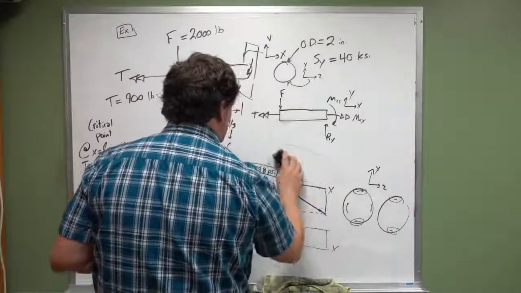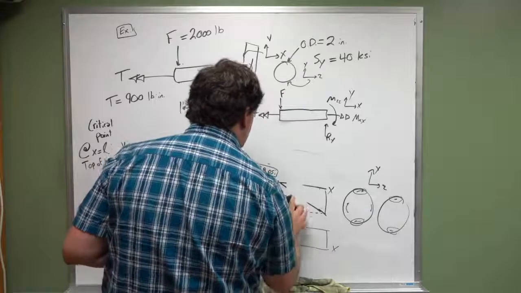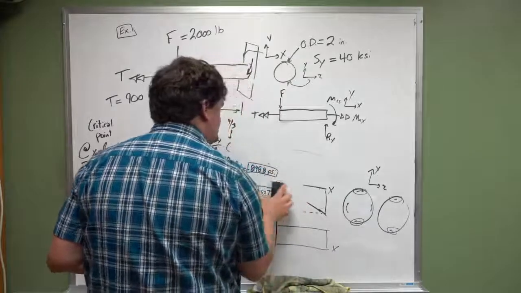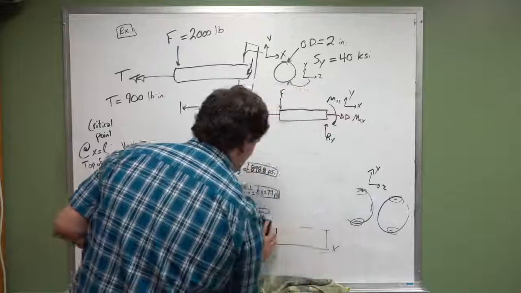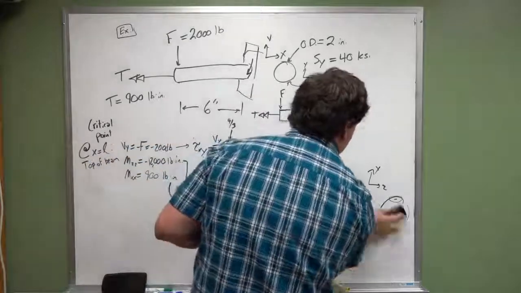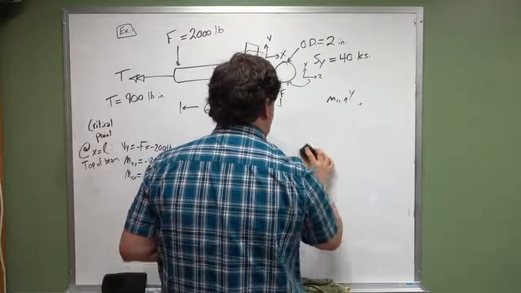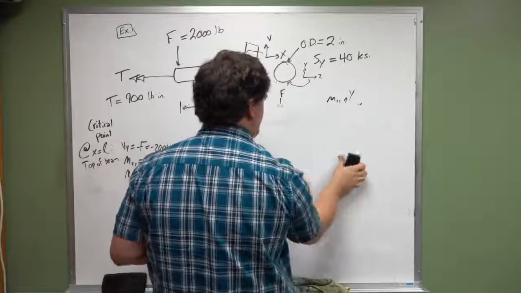So next step is we need to find our principal stresses. In order to find them, we need to plug into the giant equation and solve for sigma A, sigma B, and sigma C. We're going to have to solve for all three of them.